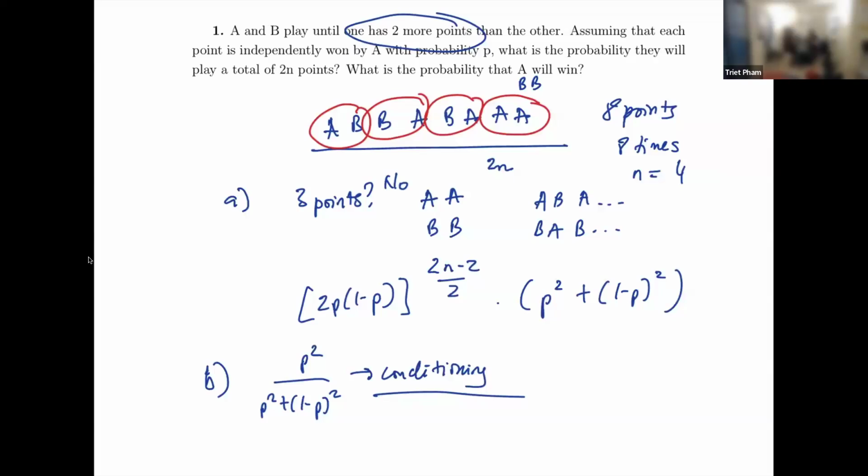That's exactly the relevance of this question in this lecture. Part A is just meant to let you explore the structure of the game. Part B is really the relevance. But why is there a conditioning in here, while the question really has no conditioning in it, at least not explicitly?